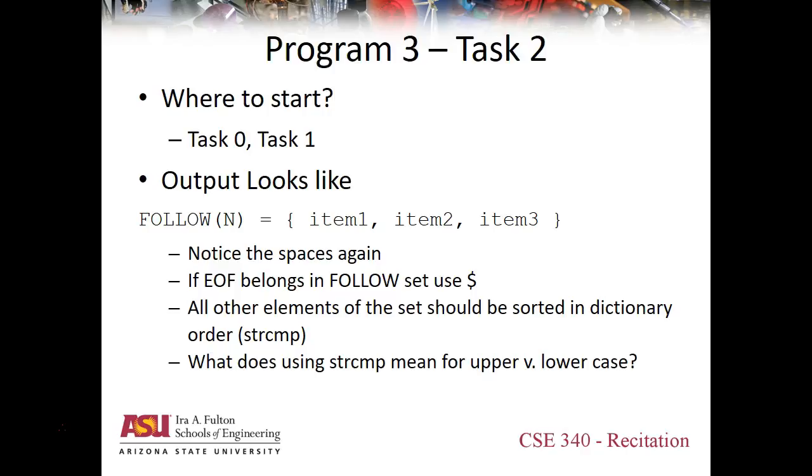Anyways, the point is that 41 for the uppercase is less than the bigger number for the lowercase. And so anything that starts with an uppercase letter will be printed first. But with string compare, you can just use that, and you wouldn't have to worry about it. It'll sort them for you.